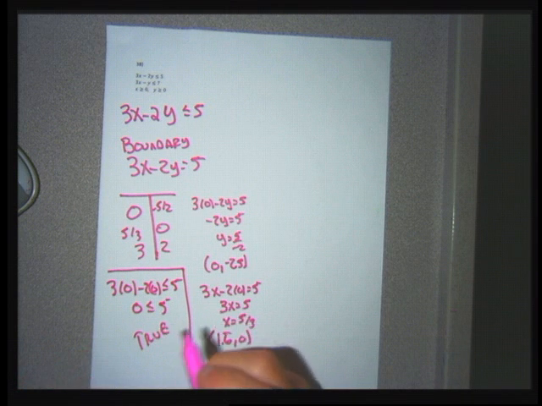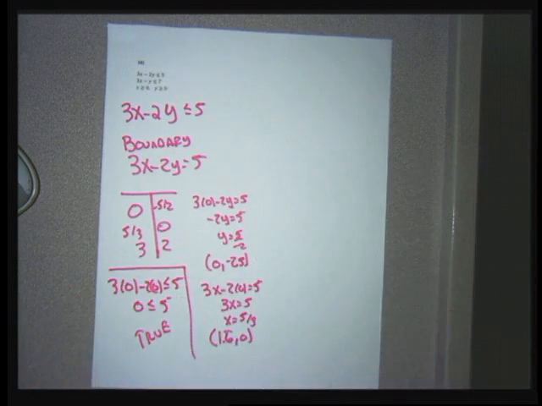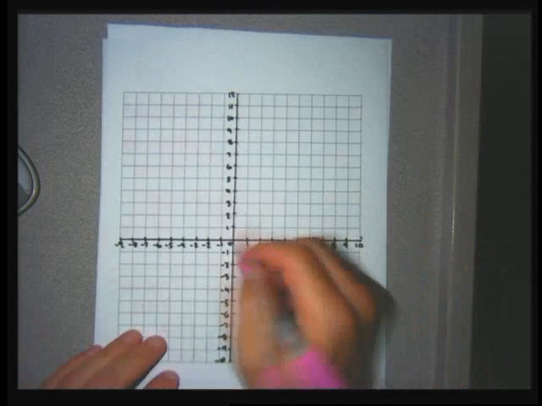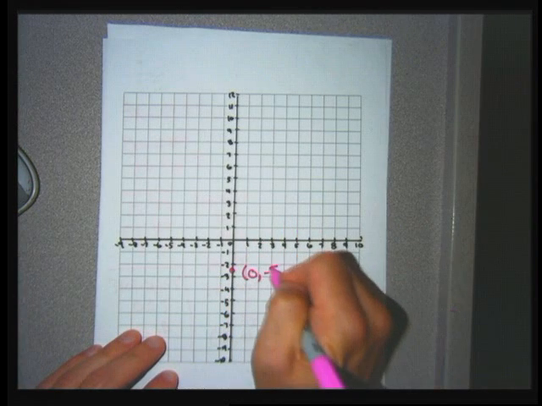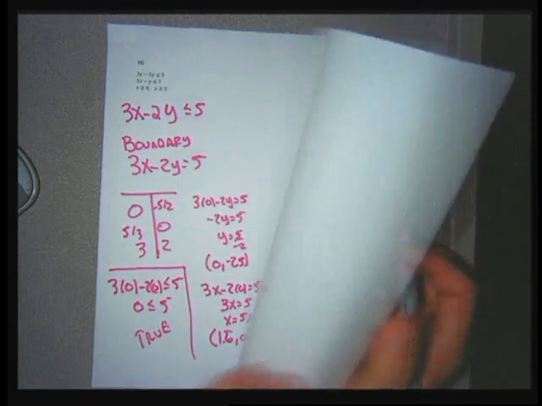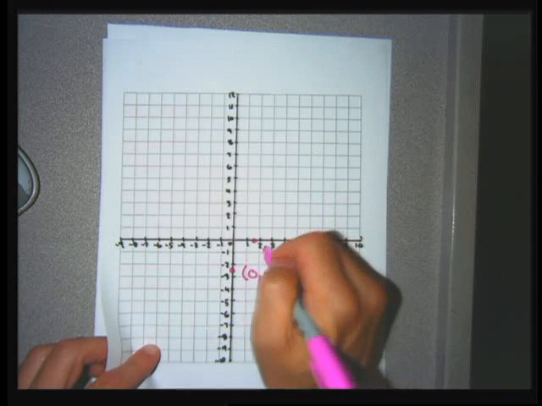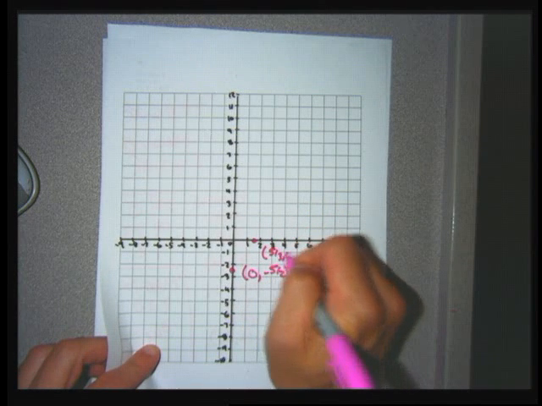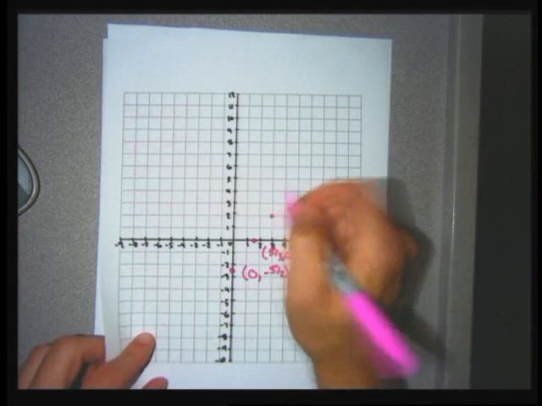When I graph these 3 points, (0, -2.5), which is about there, I call that (0, -5/2), and (1.6, 0), which is about there, I'm supposed to call that (5/3, 0), and (3, 2), which is about there.